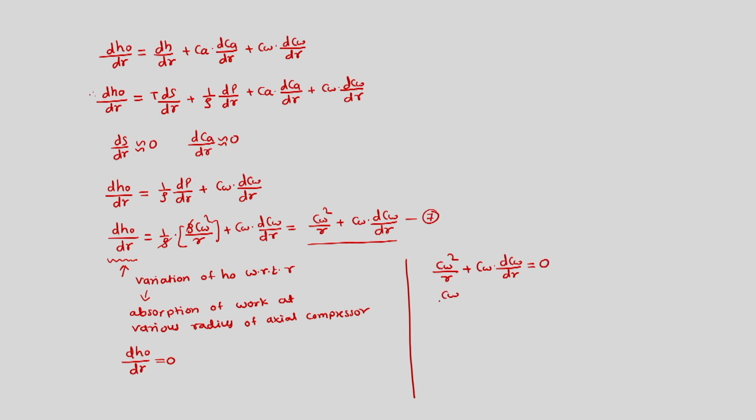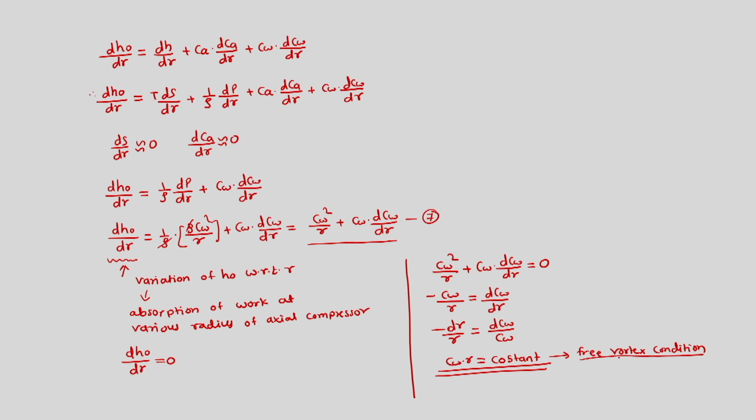So we have Cw by R is equal to minus dCw by dr, which is minus dr by R is equal to dCw by Cw, and which says that Cw into R is equal to constant. Upon integration we would get this Cw into R as a constant, and this is called the free vortex condition.